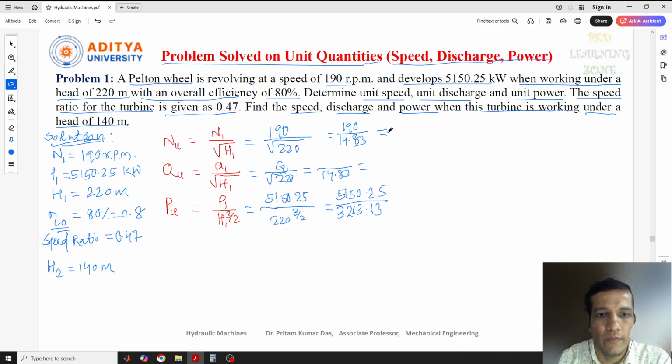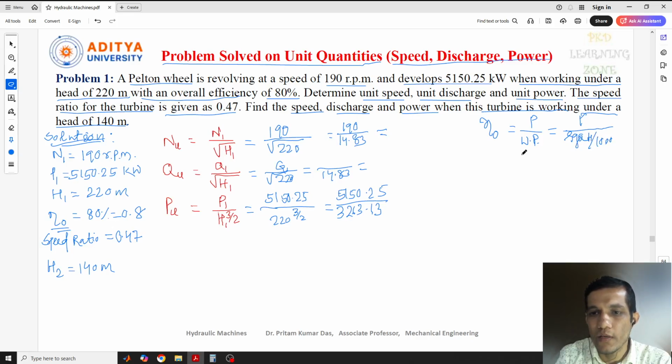Now, to calculate this value of Q1, as I told you, the overall efficiency is given. The overall efficiency is the power developed, P, divided by the water power. P is already given. The water power W is rho g Q H divided by 1000.